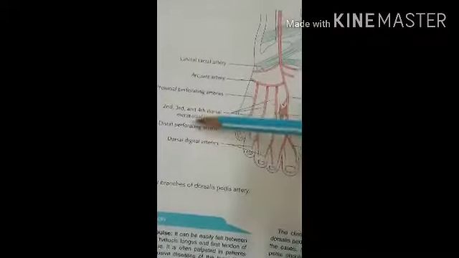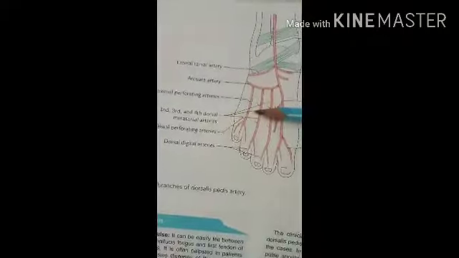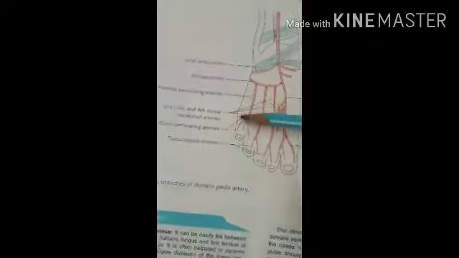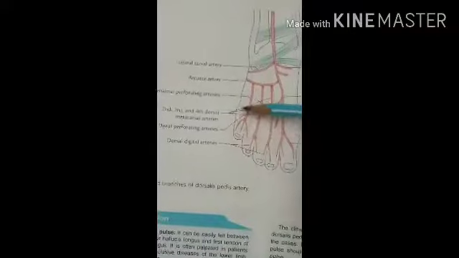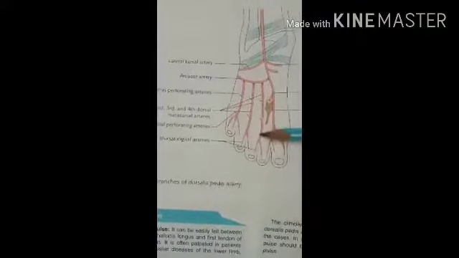Here you can see these are the second, third and fourth dorsal metatarsal arteries. Each again subdivides into dorsal digital arteries.